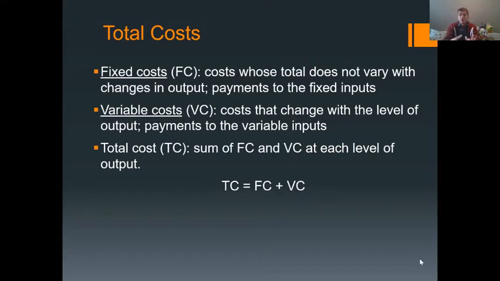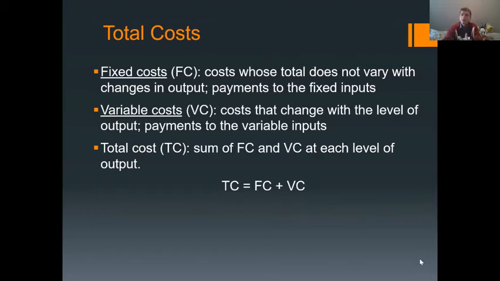A variable cost, usually we're going to talk about it in terms of labor. So as you hire more workers, that's a change in variable cost. You need to hire more workers in order to produce more goods. So this gets you the idea that your fixed cost plus your variable cost equals your total cost. And this will change as you move along different output levels because your variable cost changes at different output levels.